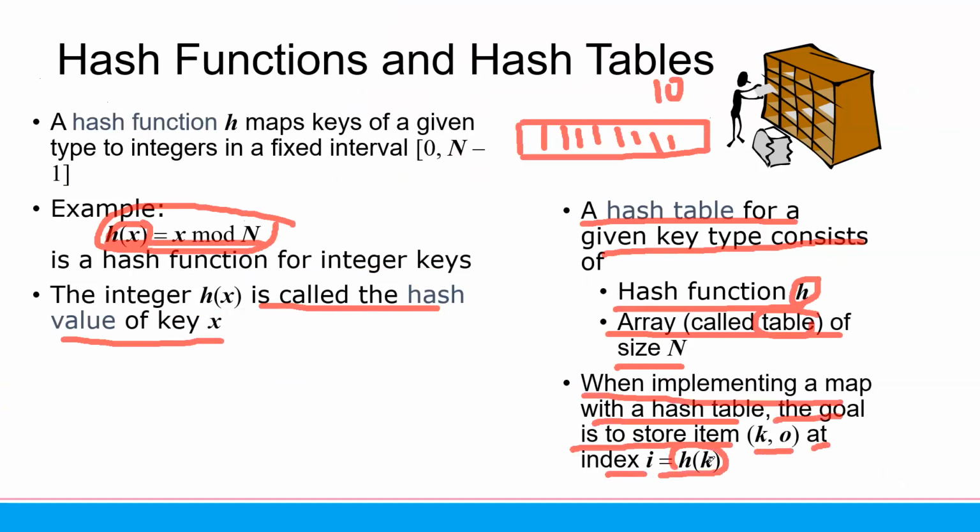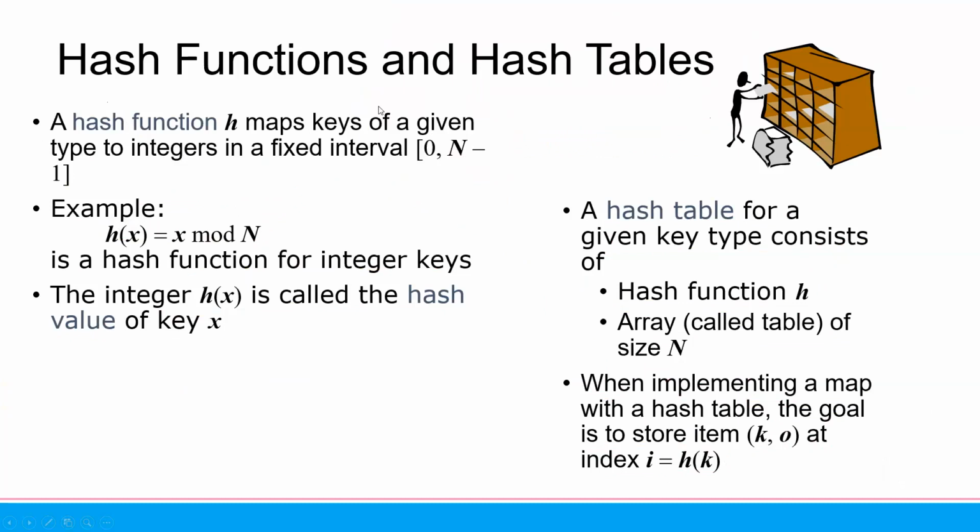What is h(k)? It is the result of the hash function, so i will be the result of x mod n. In this case, k will be the value, so k mod n will be the index to place the data.